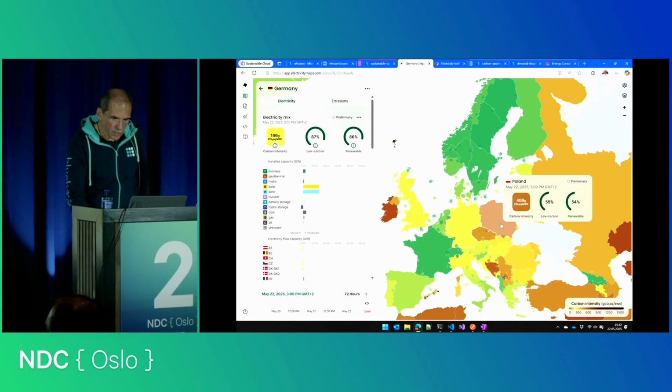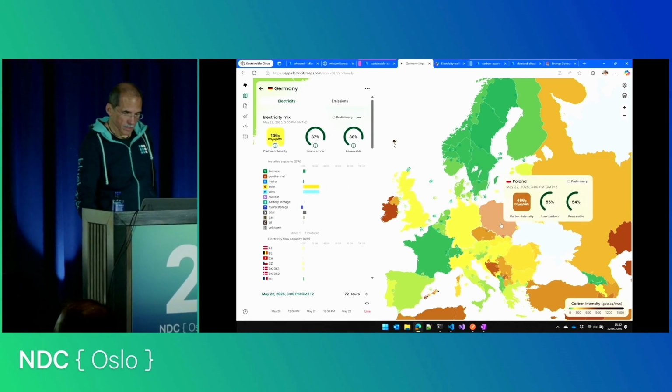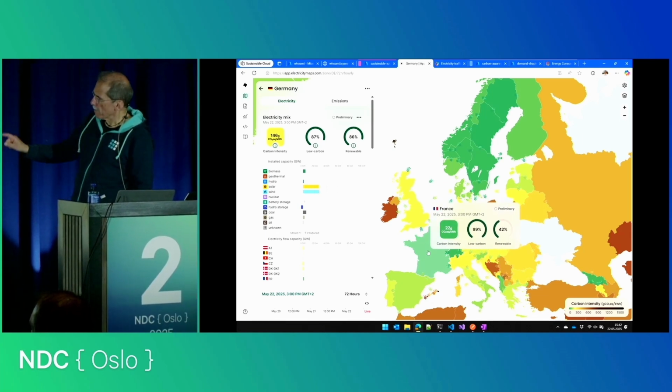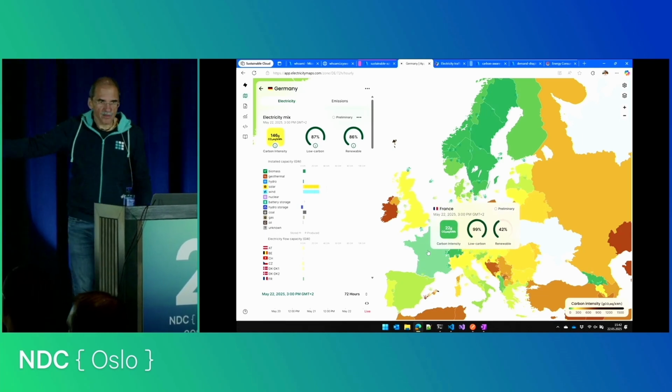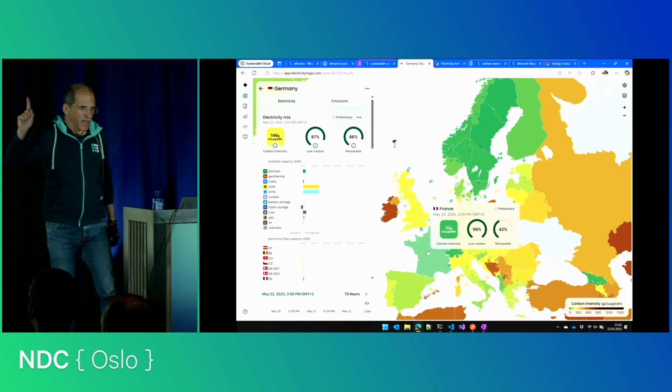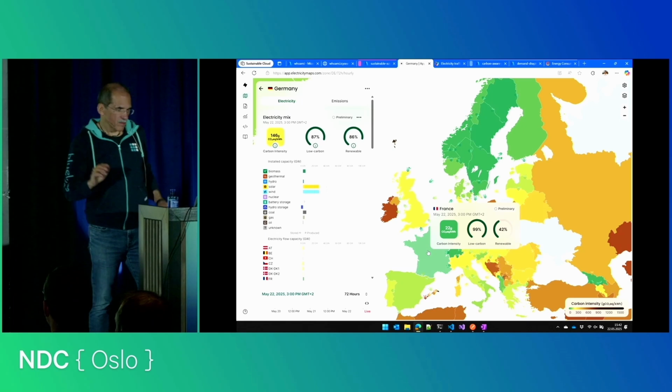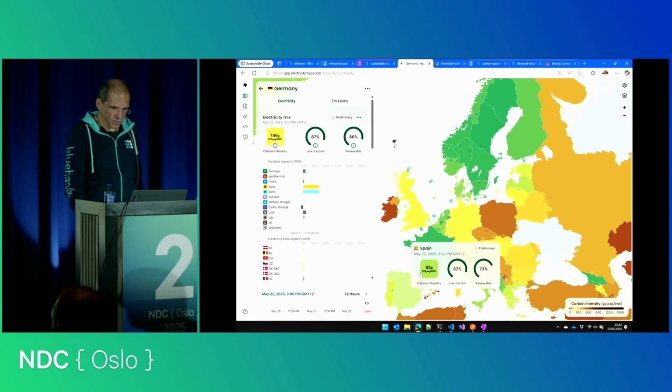Or here. France, you see, they have a lot of nuclear, so it's low carbon but not renewable. So, okay, you can think about that. Spain is good.